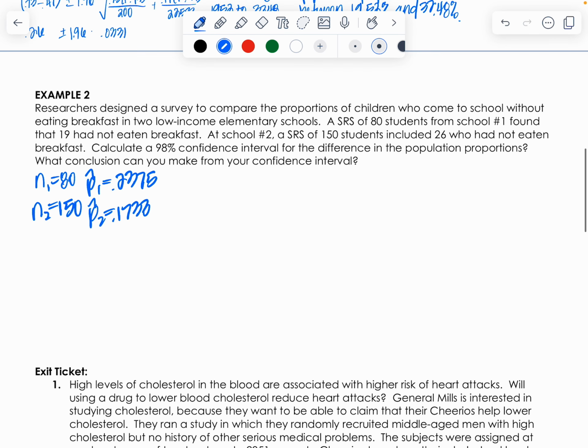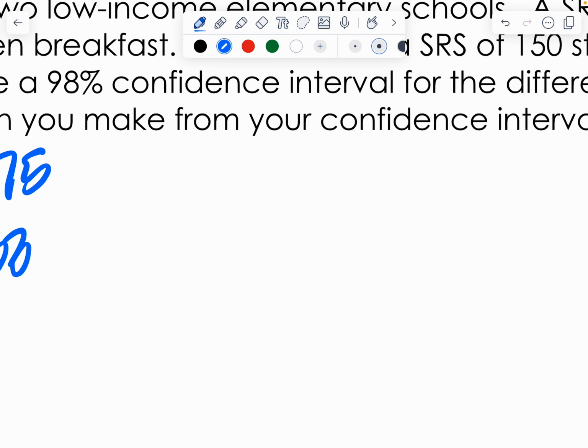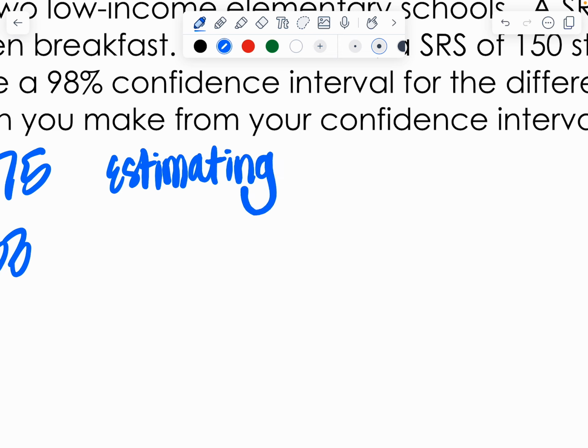So here we're going to say we are working to estimating. Okay, I didn't add that word in the past, but it's always good to state that you are estimating something using your interval.